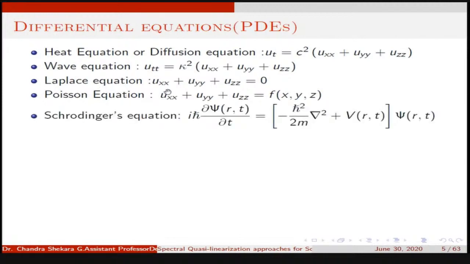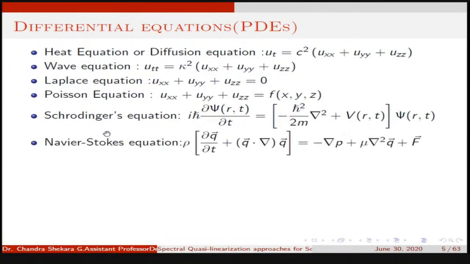Similarly, we have the nonlinear equation from quantum mechanics called the Schrodinger equation, and the nonlinear equation from fluid mechanics called the Navier-Stokes equation. This is the central part of this entire talk. The Navier-Stokes equation is a highly nonlinear differential equation. More than that, it is a vector differential equation, so it has a system of equations here, not only one equation.